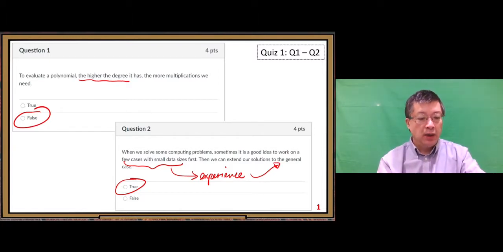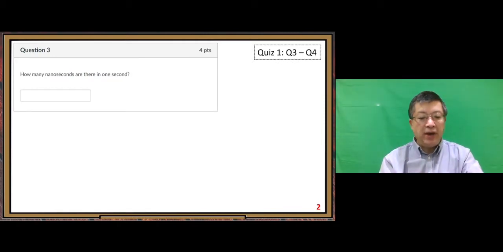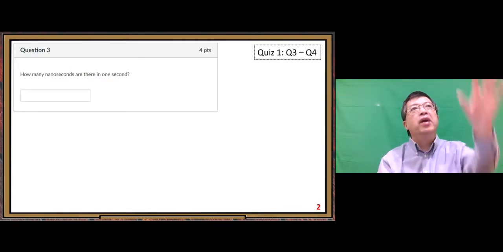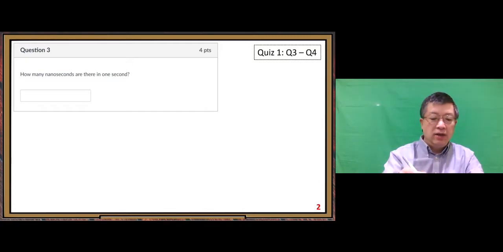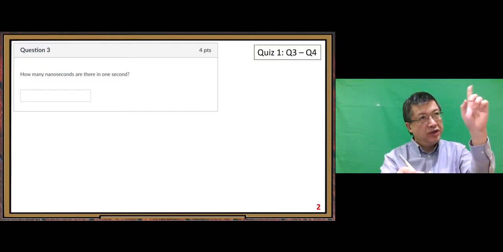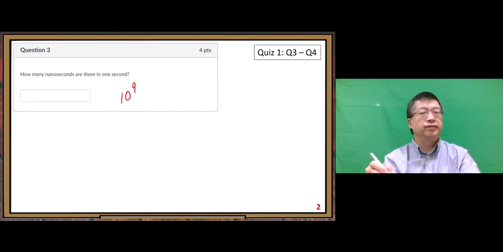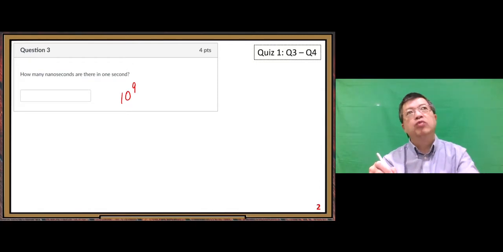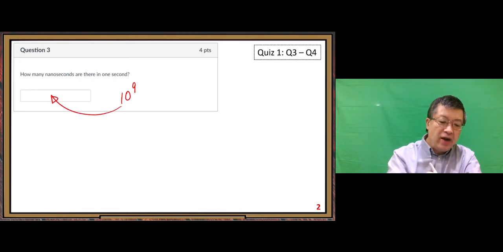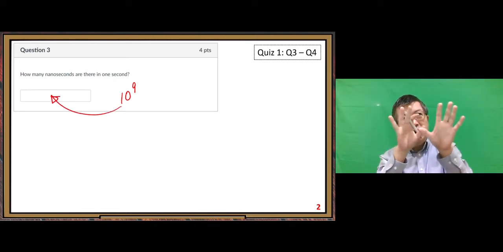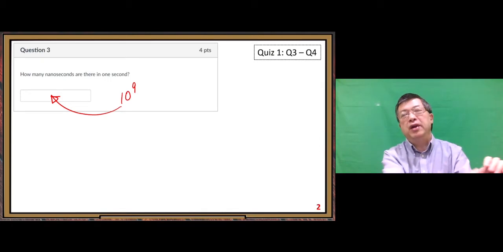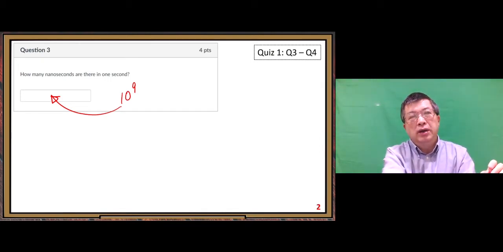All right. Number 3: how many nanoseconds? 1 billionth, right? 9 zeros after 1, or 10 to the 9th power. So you just find the appropriate expression. When I put an answer there, I try to cover all the different possible ways of writing it. The hard thing is I cannot see your result.